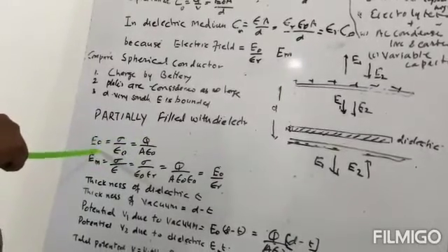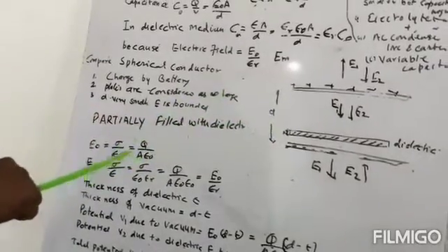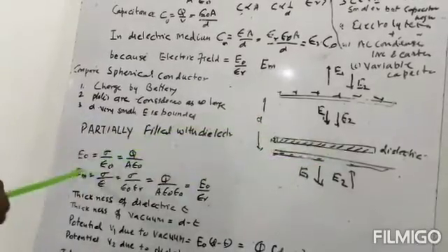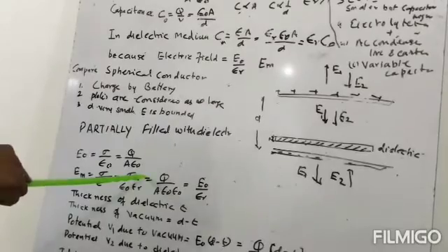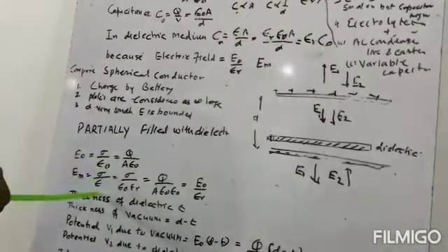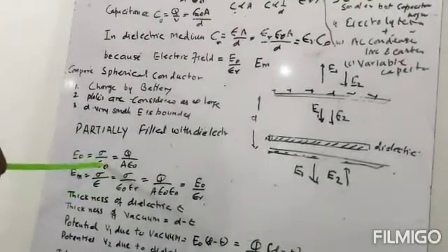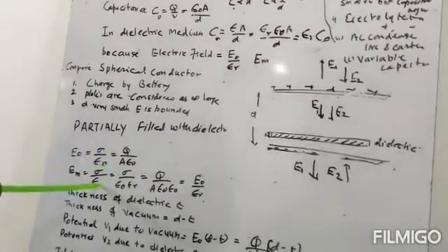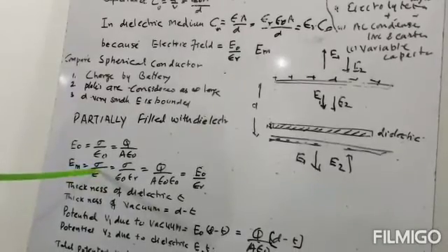So the electrical field E0 in the air will be equal to q/(Aε0). In the dielectric, the electrical field will be equal to E0/εr, or we can say σ/ε. Instead of ε0, we will have ε. Epsilon naught is the permittivity of the vacuum or air, and epsilon is the permittivity of the dielectric medium.